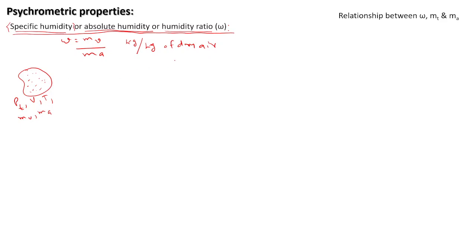So here we will write PV is equal to mRT. Is it fine? And the same we will write for dry air. Now divide both equations, then what will come?